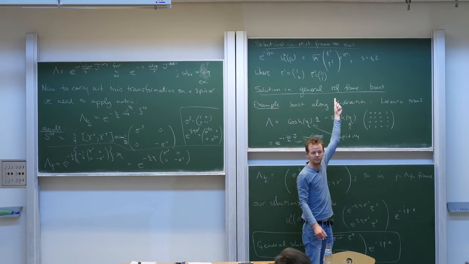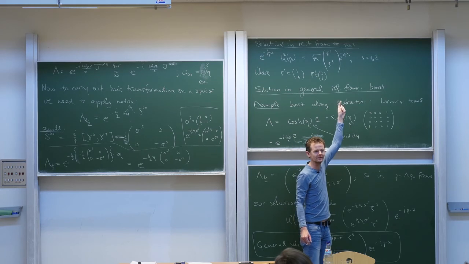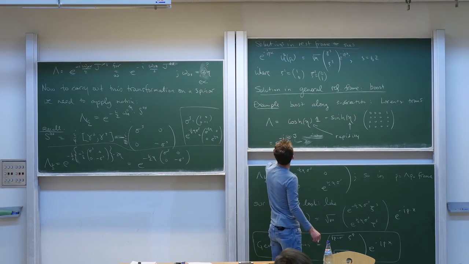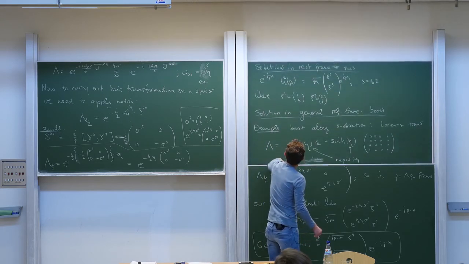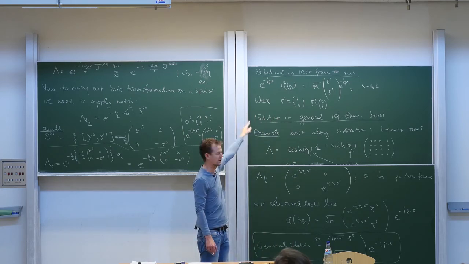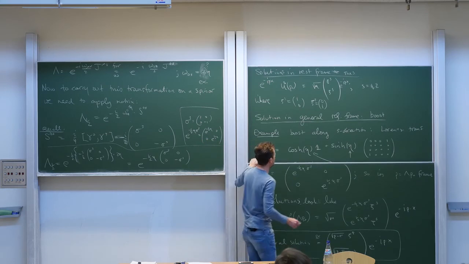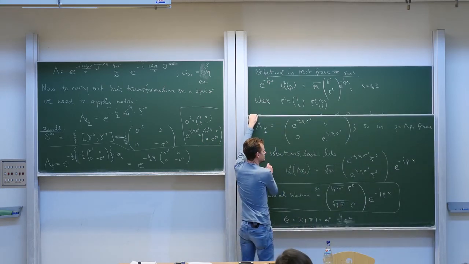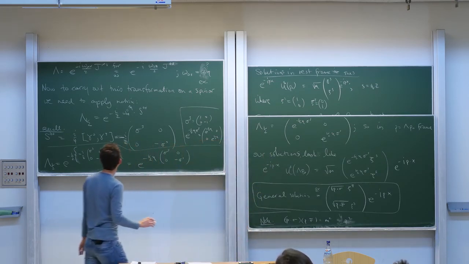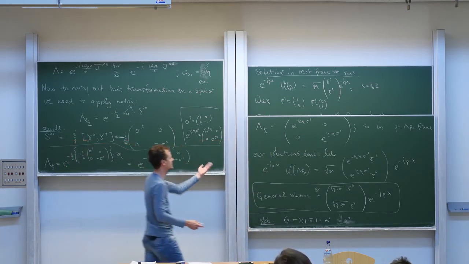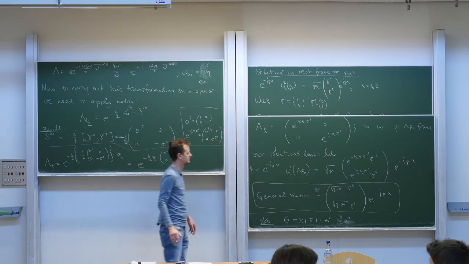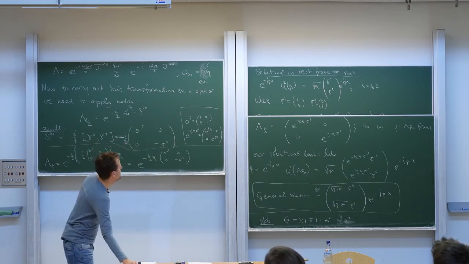Oh, there should be a p naught in the exponential function on the left side of the equation. No, that's correct, the general solution looks like this. Don't we have to have that here? Yes, we do. Thank you. Yes, you're absolutely right. So the general solutions look like this. Psi. Good.